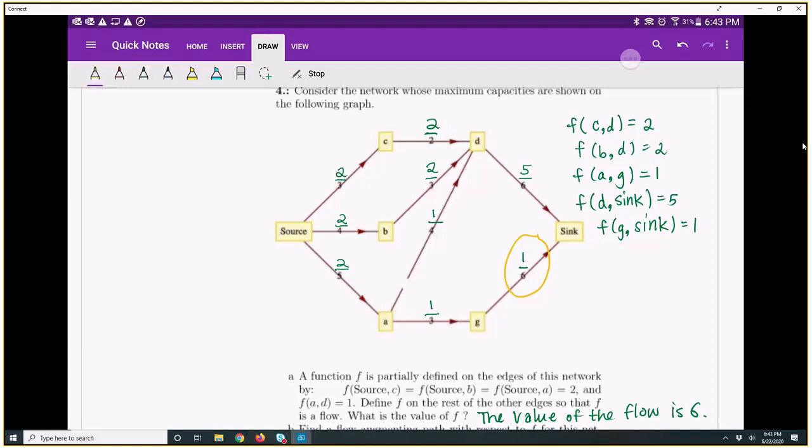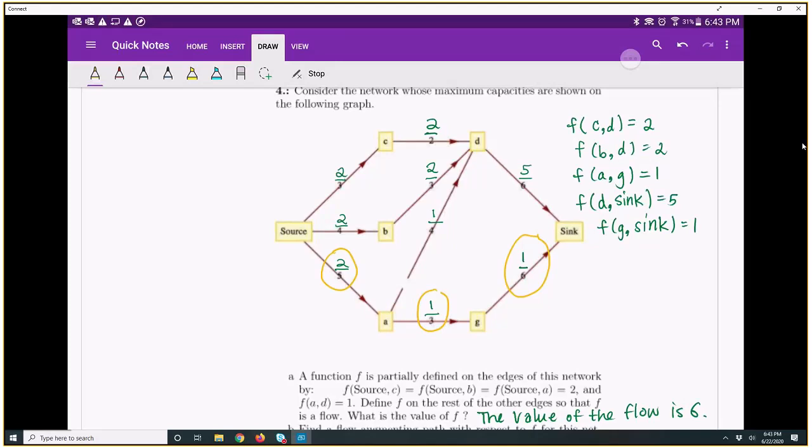Although it's not always true that I'm going to be able to meet the maximum capacity, but it's possible in some cases. So this might be a good target. I want to see if I can send more flow through here, which would mean sending more through here, which would mean sending more through here.